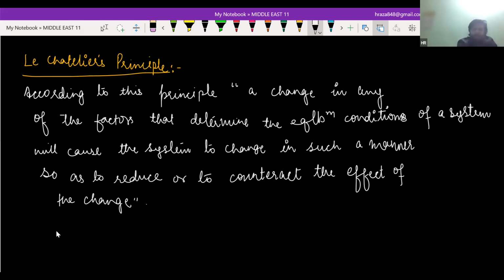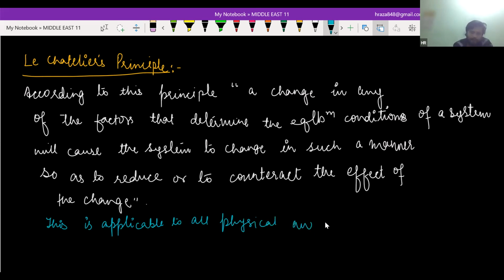And another very important point, then I will explain it. This is applicable to all physical and chemical equilibria. Equilibria is the plural form of equilibrium. This is a very important point. Just write it and let me know if you are done, then I will explain what exactly Le Chatelier's principle says.